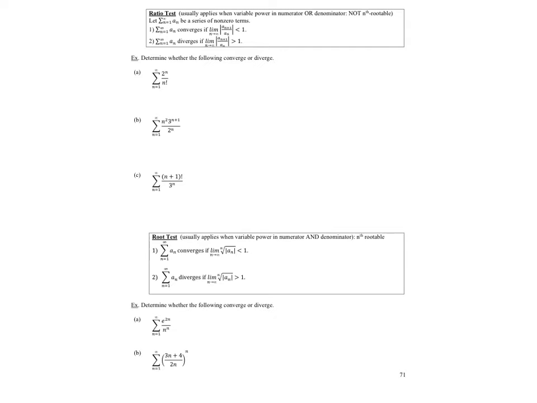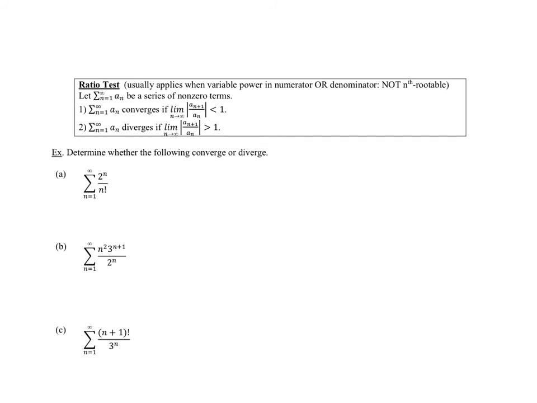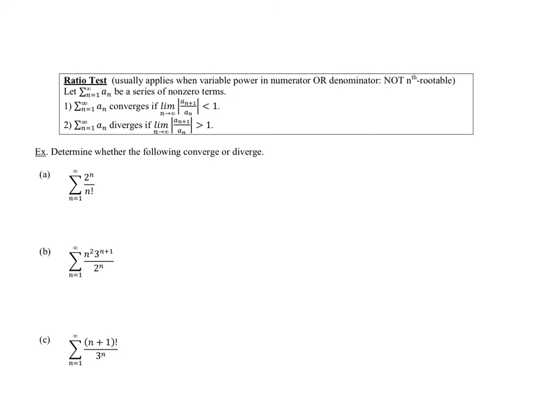So then we move on to the ratio test and the root test. And this is the last page we're going to do tonight. All right. So, ratio test, you can look at it and say, well, it's got ratio in it. So a series that's in the form of a ratio could be a ratio test situation.